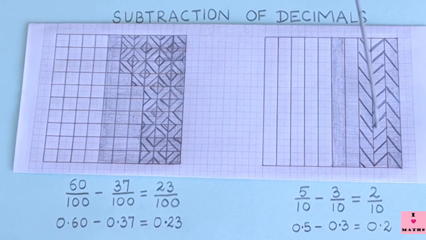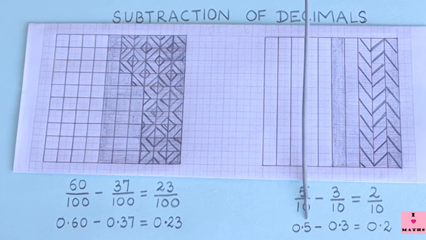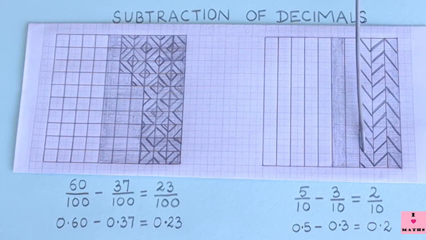Okay, now look at this figure. It has been divided into 10 equal parts, and out of 10 parts, 5 parts were shaded evenly. So 5 upon 10 or 0.5 was there. Then we shaded these 3 parts in a separate way, and we want to take out these 3 parts out of all the shaded parts.